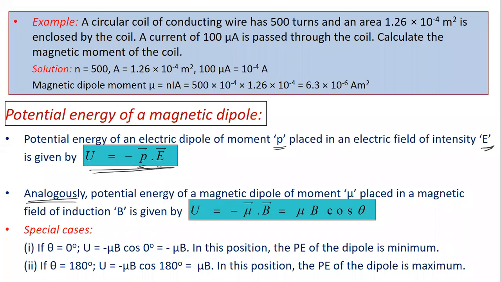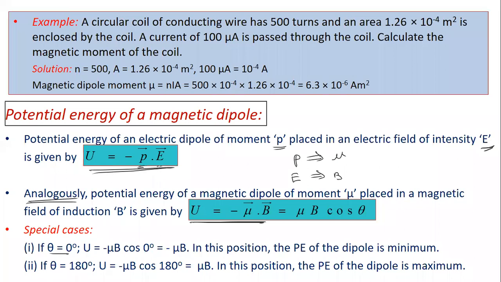Because here we use analogous terms: P is analogous to mu, meaning electric dipole moment is analogous to magnetic dipole moment, and electric intensity is analogous to magnetic induction. So we use analogy and get the formula for the potential energy of a magnetic dipole, given by this formula.